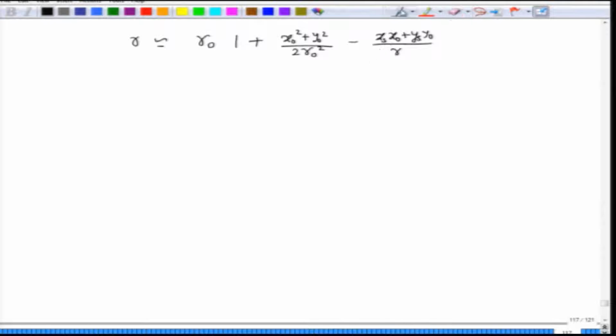You can show this as a simple exercise. Taking r0 inside the brackets, I can remove one r0 down here, and then what I will get is this term. So, I will have r0 plus x0 square plus y0 square by 2 r0, and this quantity.